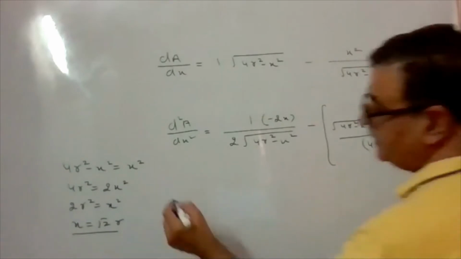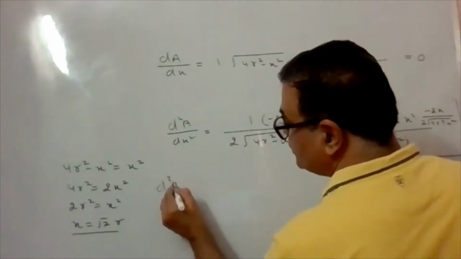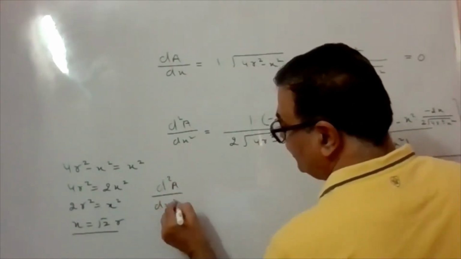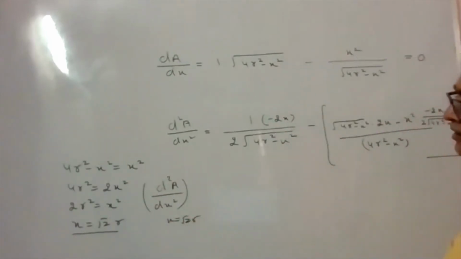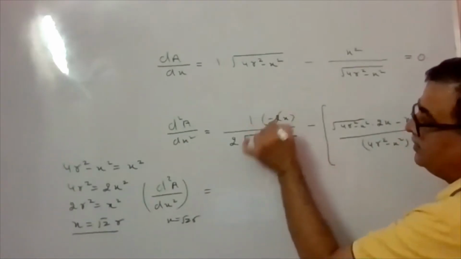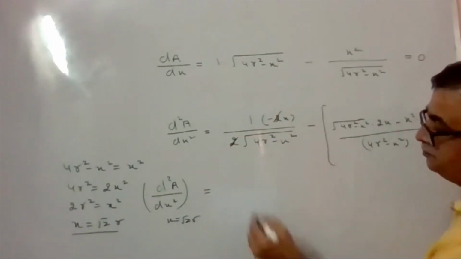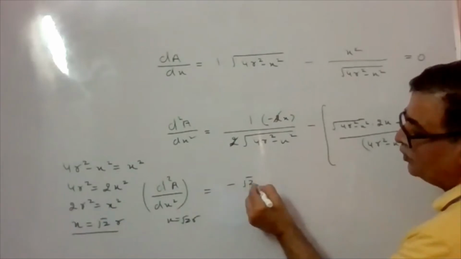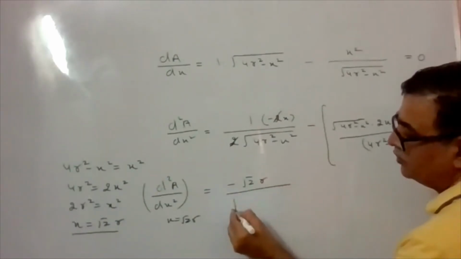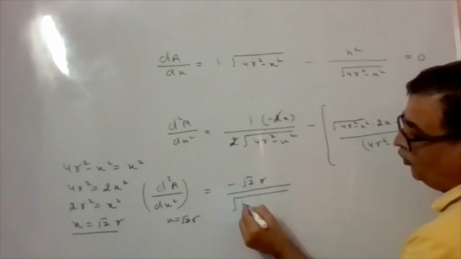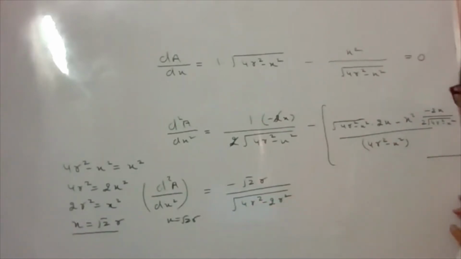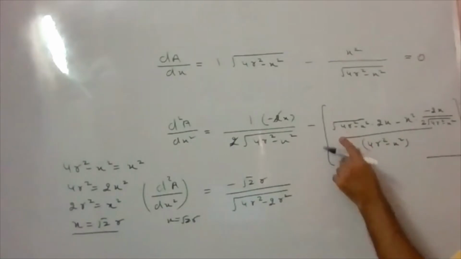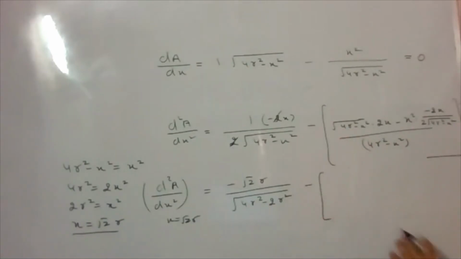And when we have second derivative, I go for d2a by dx square where x is coming root 2r. Now put it root 2r. Just check here. This 2 and 2 get cancelled out. Minus, this will be root 2r by under root of 4r square minus 2r square. What about this case? Minus is here.